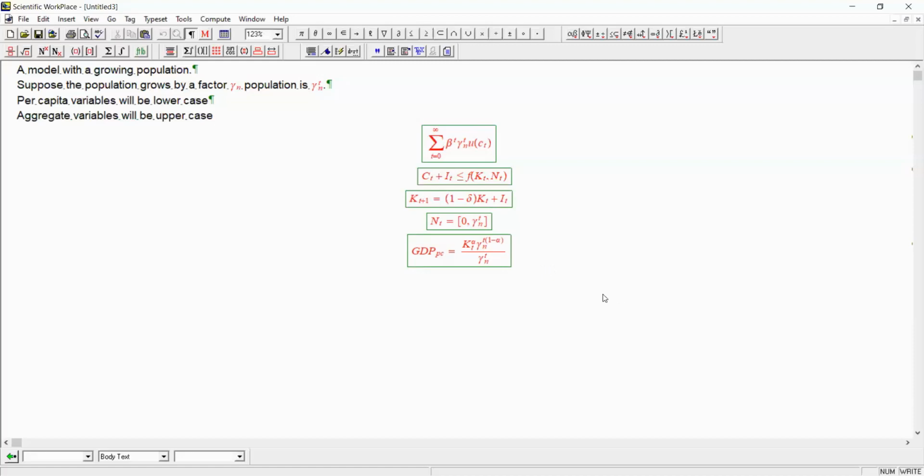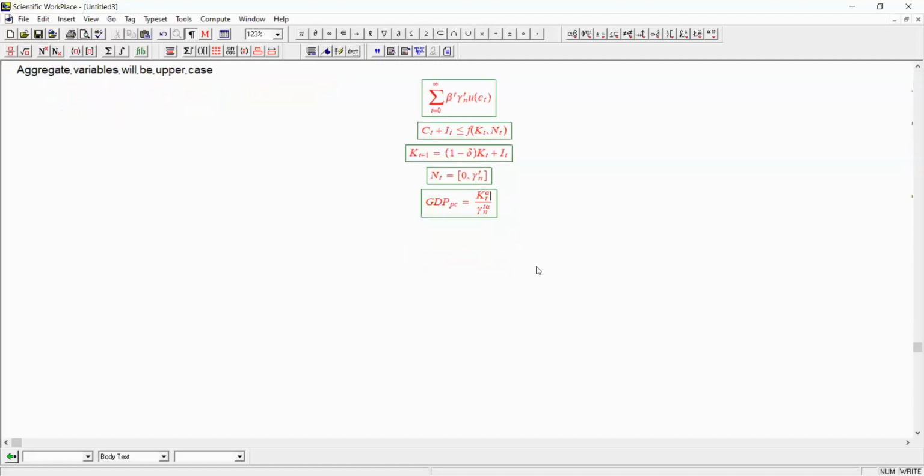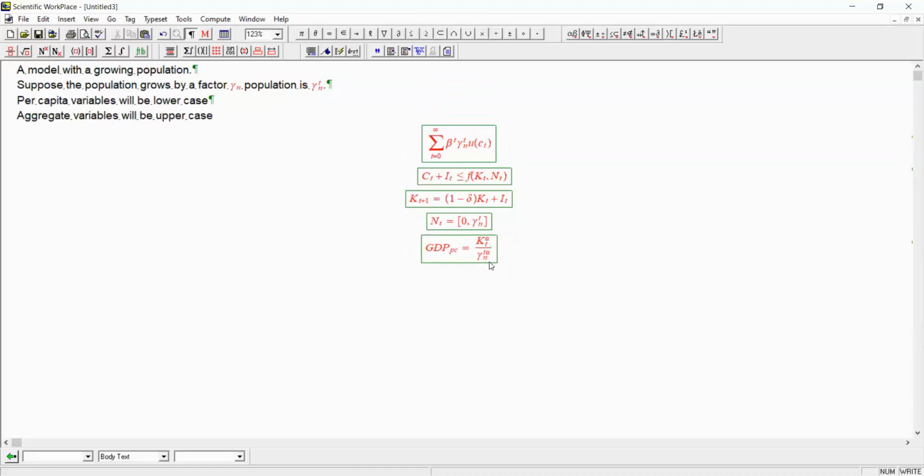And what are we going to end up with? We're going to end up with this. So to simplify, GDP per capita is going to be this, which is a function of course of the amount of capital per person.